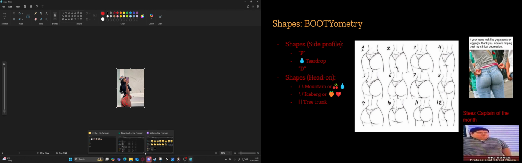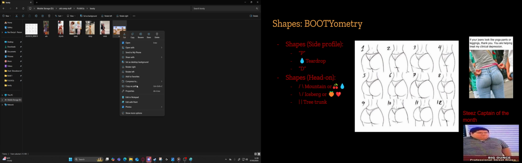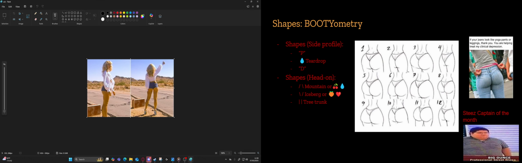Nothing wrong with that. Then we have Sabrina Carpenter in whatever music video this is. But as we can see, she's probably more built like a tree trunk, right? It's very even, and then it basically goes back, and it's very even here.